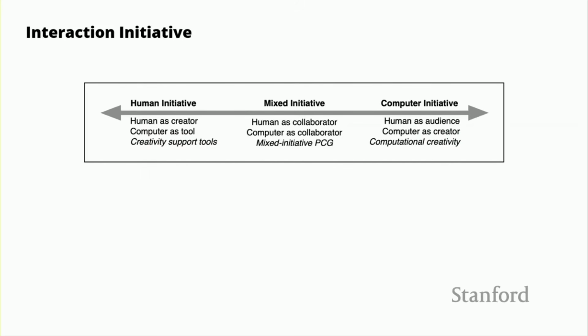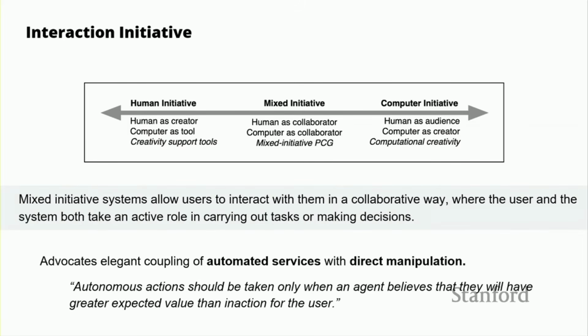Increasingly there's interest in thinking through more carefully what collaborative human-AI interaction looks like, where both sides are collaborative and there's some mixed initiative outcome. How do I make it easy for that to happen? Mixed initiative systems allow for collaboration where the user and the system both take an active role in carrying out tasks and making decisions.